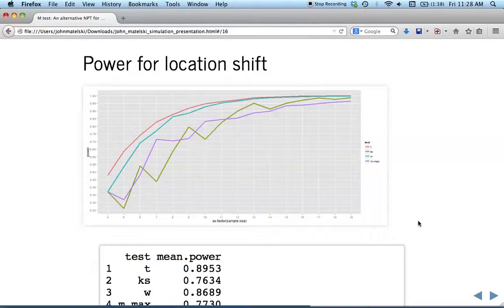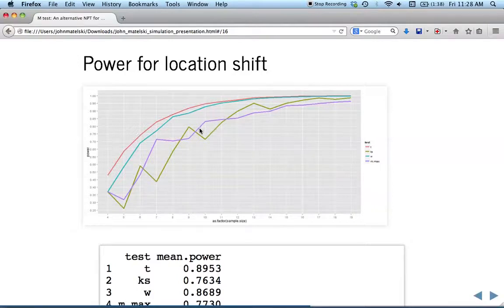Okay, and what we see is that the t-test is really the clear winner here. It's fairly dominant. Not just fairly dominant, it's definitely the best in this situation, which is not surprising because this is what it's designed to do. One thing I do want to note, though, is that all of the tests achieved 80% power by here.